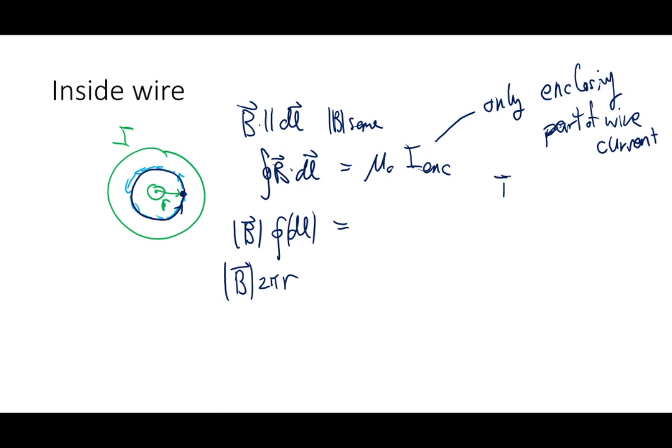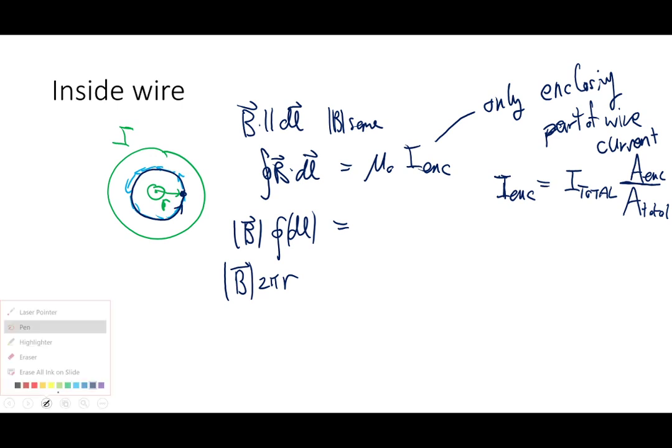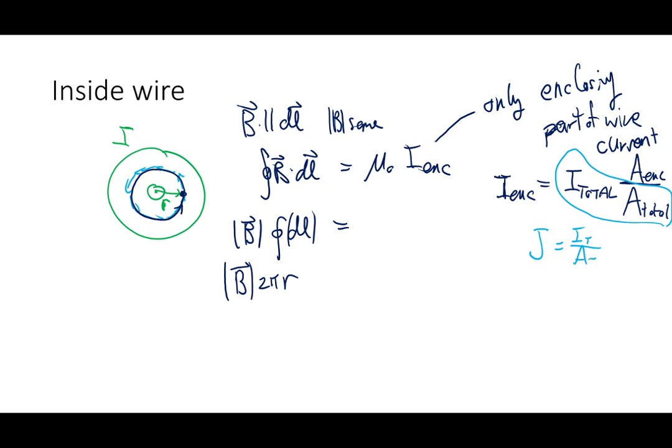So the current enclosed is actually the total current multiplied by this fraction: we divide by the total area and multiply by just the enclosed area. That's the ratio we're talking about. And some people like to group these together and call J equal to the total I over the total area, and we call this the current density.